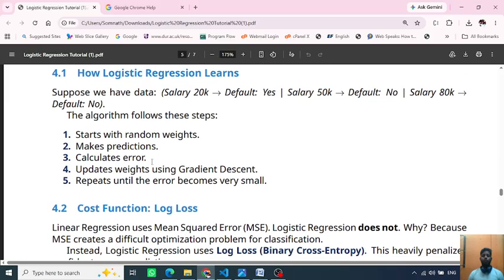Start with random weights, then make predictions, calculate the error, update the weights using gradient descent, and repeat until the error becomes very small. For now, you just theoretically know this process. In the next tutorial, I will cover this, because otherwise our recording will be very big, and it will be trouble for you to understand the things.